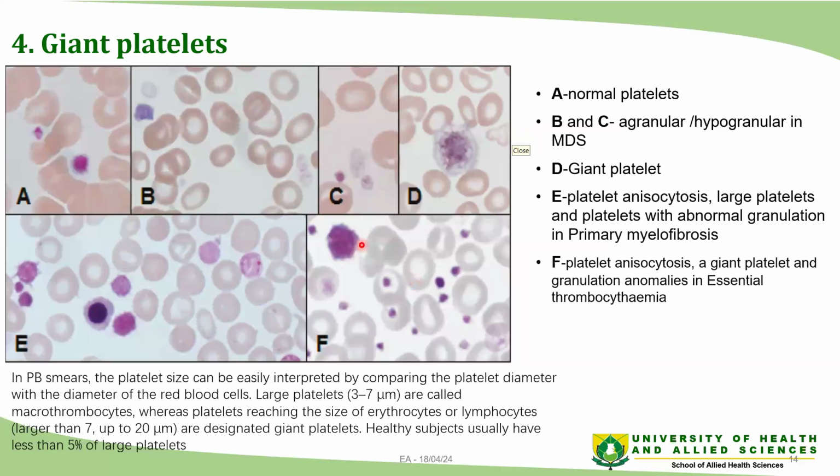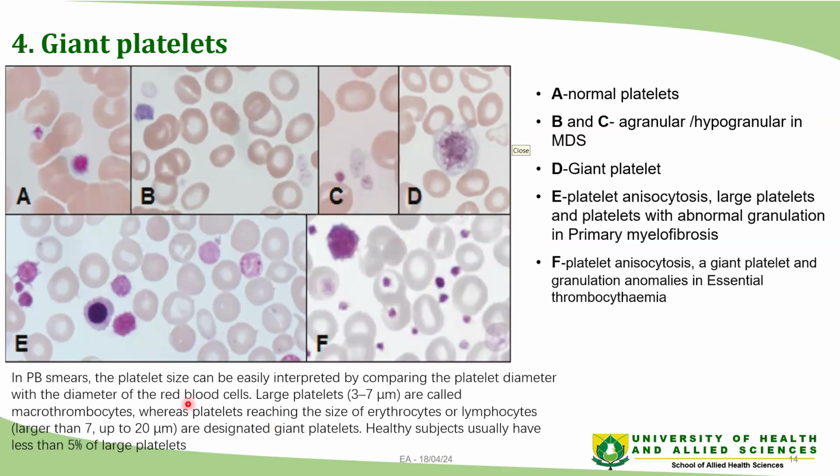You can see that the size is about the size of a red cell, and then you have smaller platelets, and some of the platelets here are large, but they are hypogranular. This was in a patient who has a condition called essential thrombocythemia. This is a condition that causes an increased platelet count.